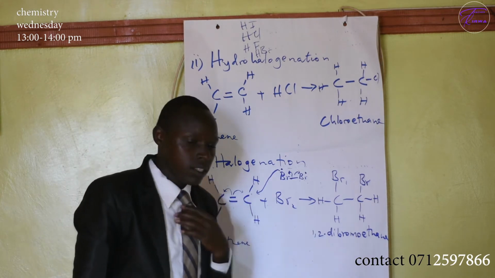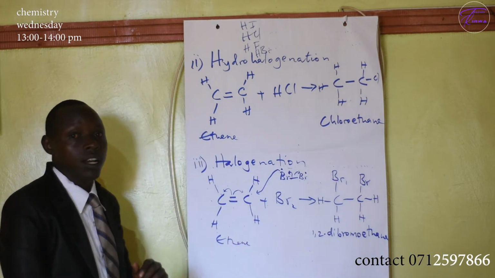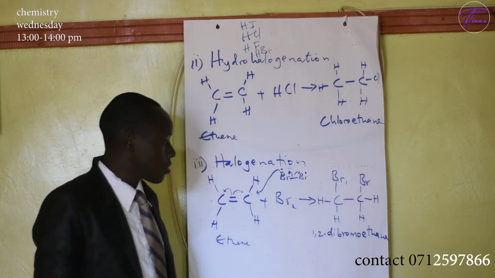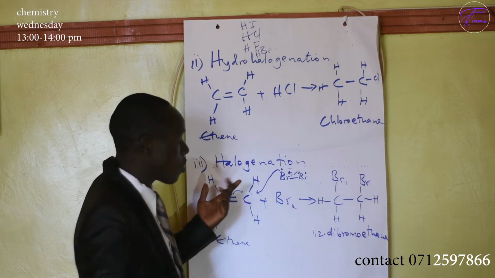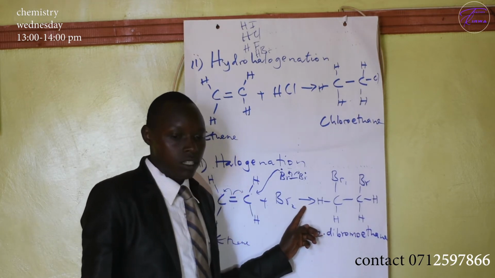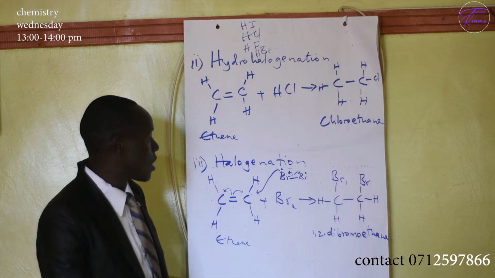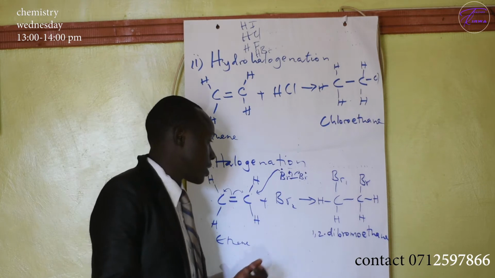You remember when we were introducing alkenes, we said because they have a functional group, that is where the chemical reactions occur. Chemical reactions occur across the double bond. So that is halogenation. Also, this one does not require any catalyst or temperatures.